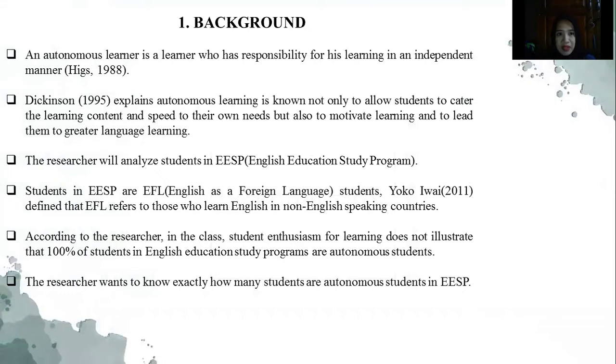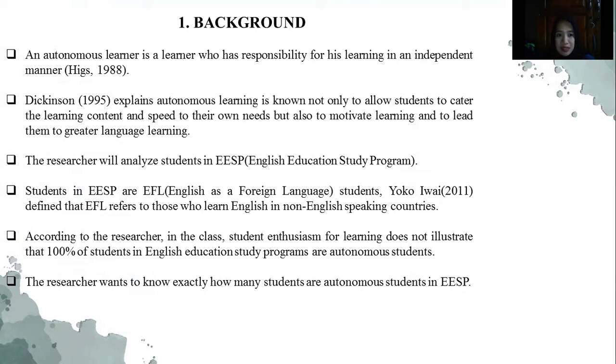Background. An autonomous learner is a learner who has responsibility for his learning in an independent manner, based on Hicks 1988. It means that the student has desire to learn independently because the student feels learning is his responsibility.